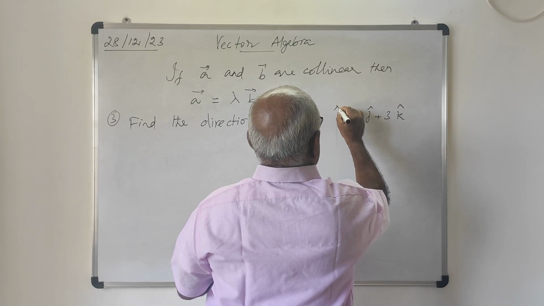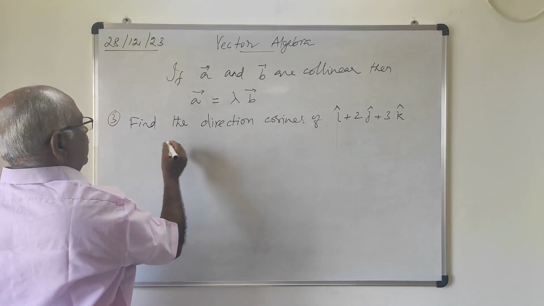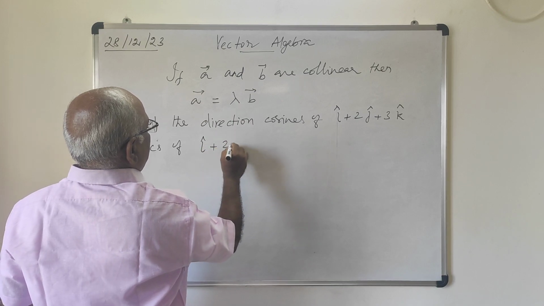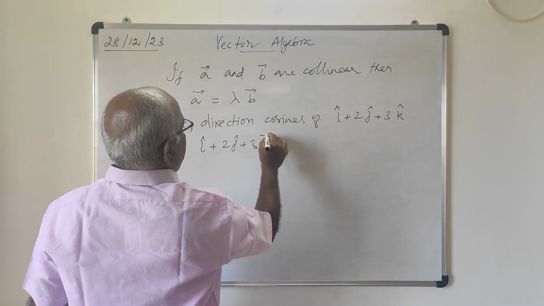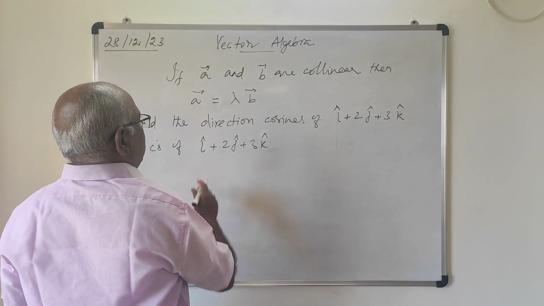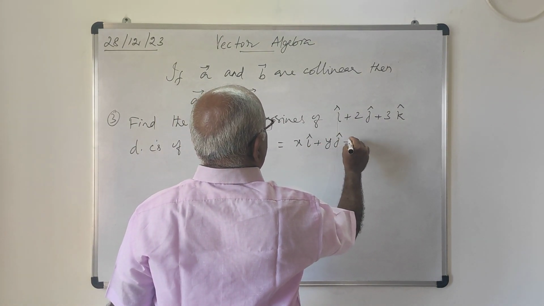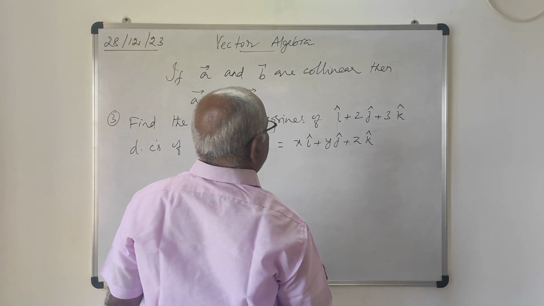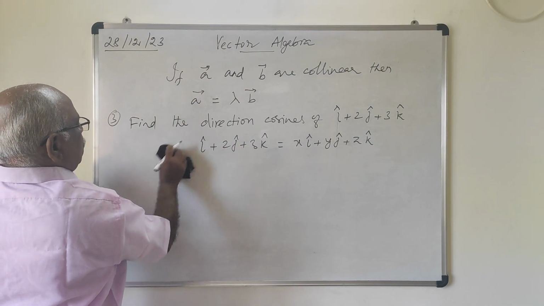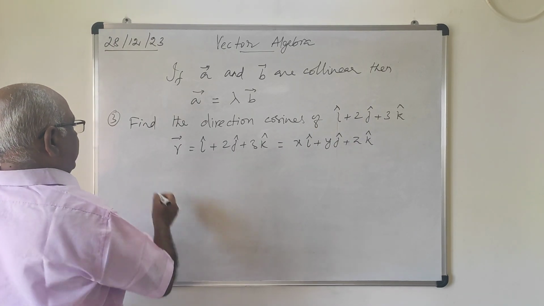Direction cosines, or DCs: consider the coefficients of i, j, k as x, y, z, so the vector R equals xi plus yj plus zk.